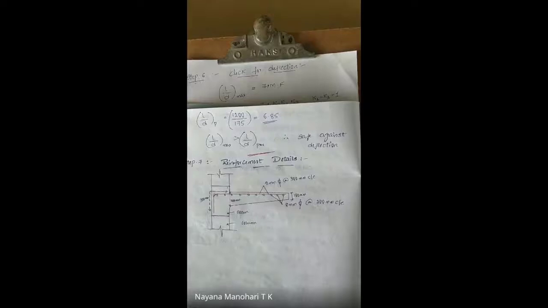This is your beam and this is your column. This is your reinforcement detail you are going to provide for the cantilever slab, reinforcement at the top. Copied on the figure.